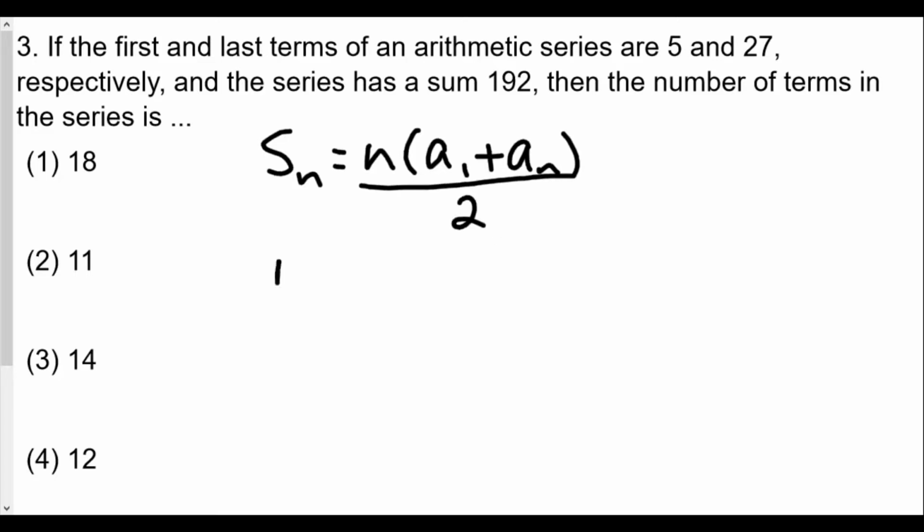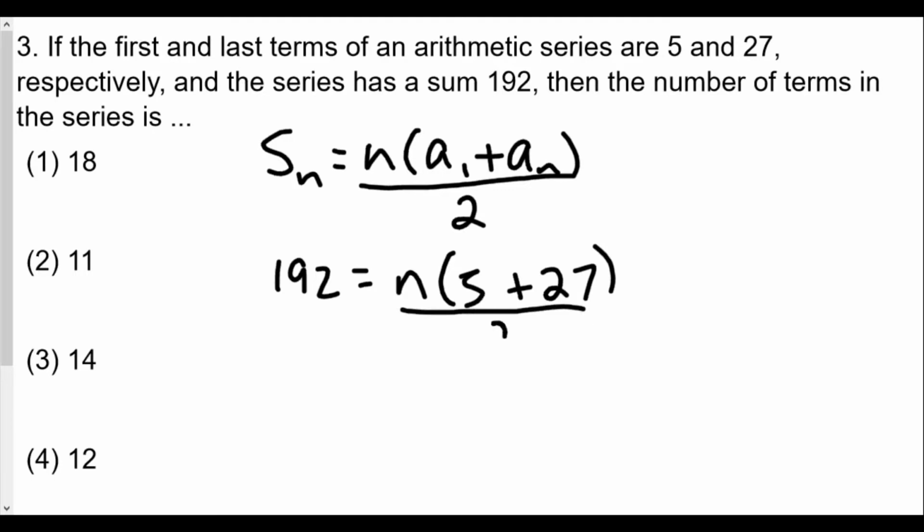So we're told that 192 is equal to n, our unknown value, times the first term, 5, plus the last term, 27, all over 2. So we add the 5 and 27, and we have 192 equals n times 32 all over 2.